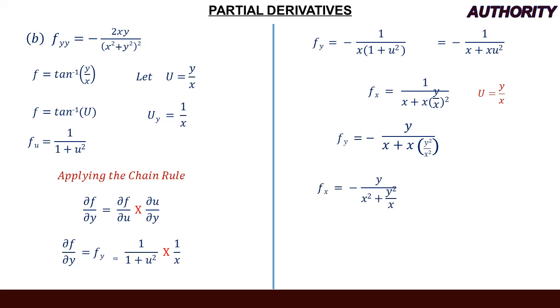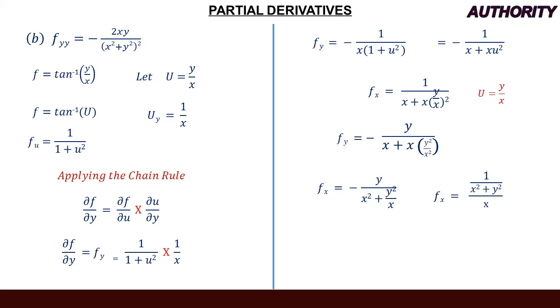Let's combine the denominator together. So when we combine the denominator together, we are going to have the partial derivative of f with respect to y is equal to 1 all over x squared plus y squared all over x.